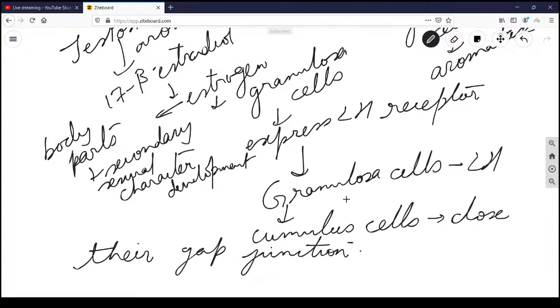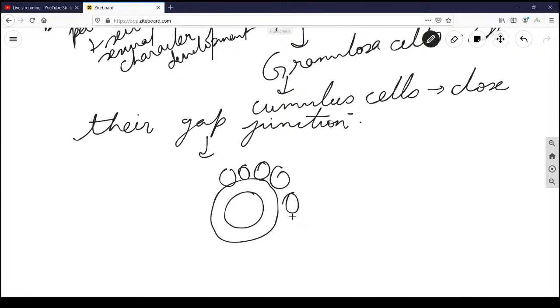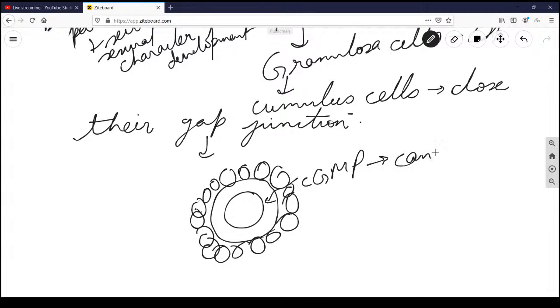Okay. Now, when they have closed their gap junction, what will now happen? Suppose this is the oocyte, this is the zona pellucida, and the gap junctions have been closed. So I told you that the cGMP, mostly the cGMP which was coming in, cyclic GMP, now cannot come in, or it cannot reach the oocyte.